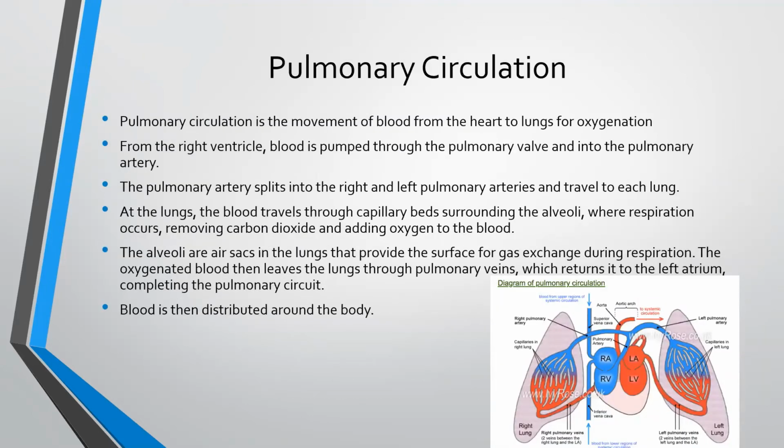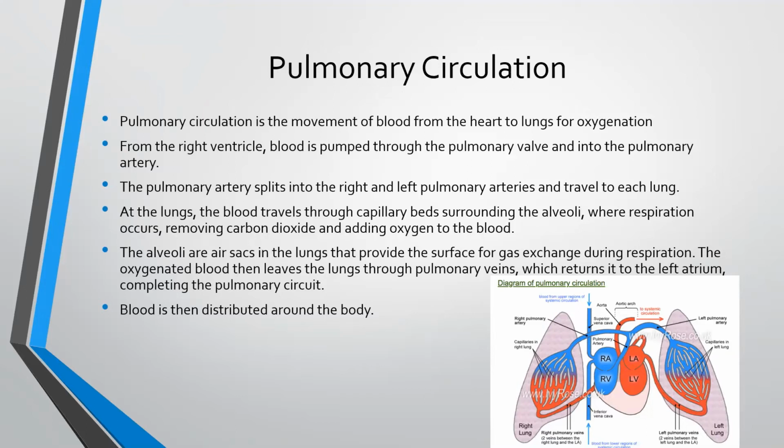Pulmonary circulation is the movement of the blood from the heart to the lungs for oxygenation. From the right ventricle, the blood is pumped through the pulmonary artery towards the lungs. The pulmonary artery splits into the right and left pulmonary arteries, which then travel to each lung.